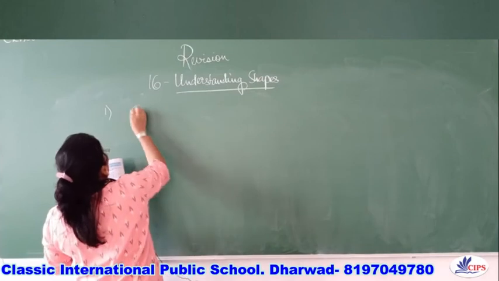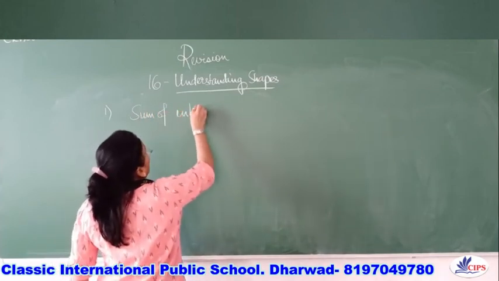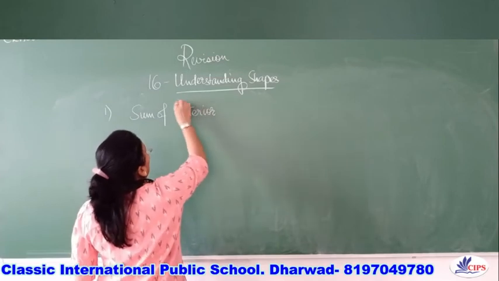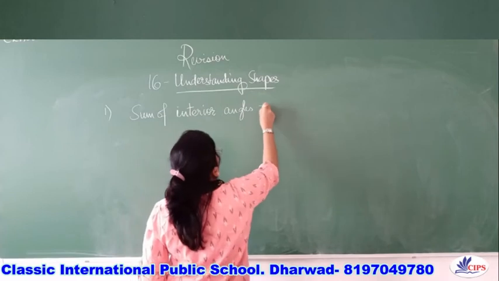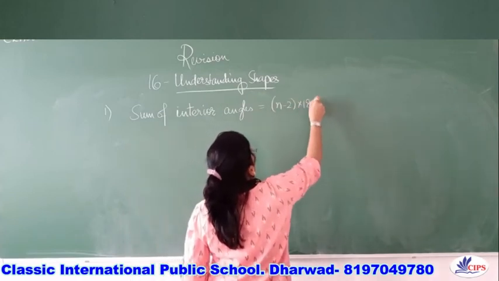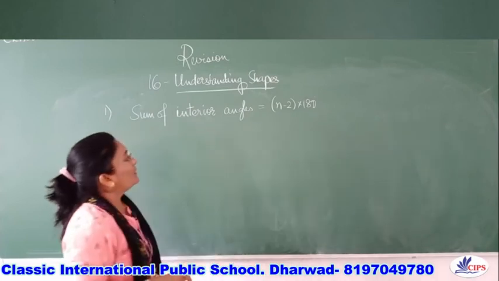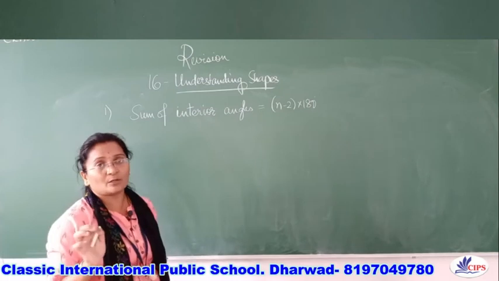Here our formula will be sum of interior angles is equal to n minus 2 into 180 degrees. They have given that the sum of interior angles is equal to 900.